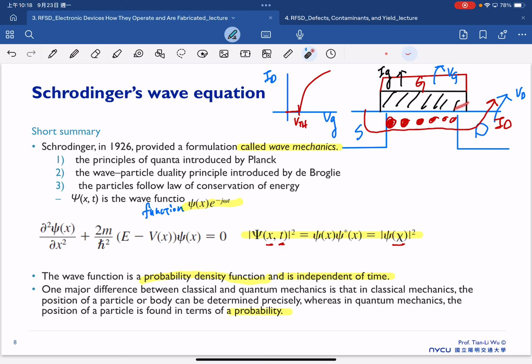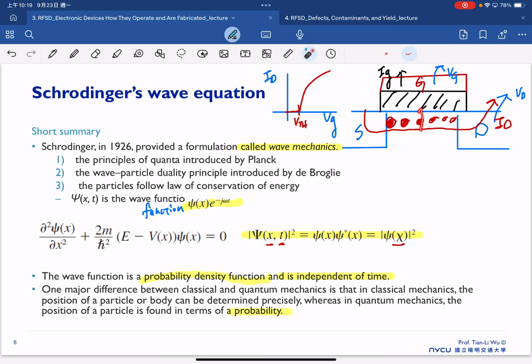As you know, an insulator should be a material that cannot have any carrier or electron conduction. But how could it be possible that you have the gate voltage here, but you also have electrons here? Why can the electrons move across this dielectric and reach the gate side, and become leakage current? If you just use typical classical physics, that doesn't make sense, because this is an insulator. An insulator is just like a wall.